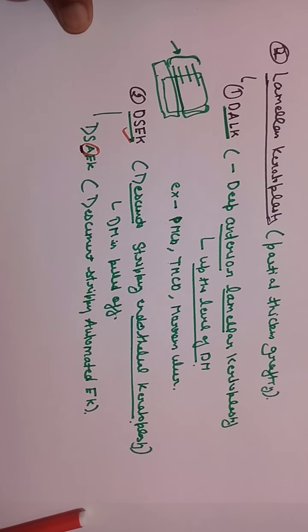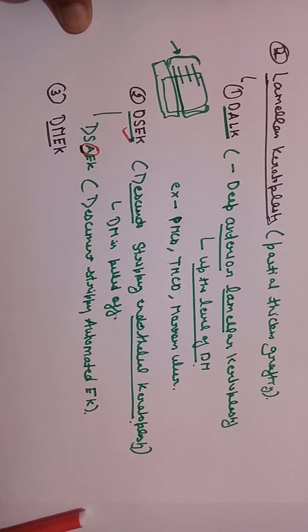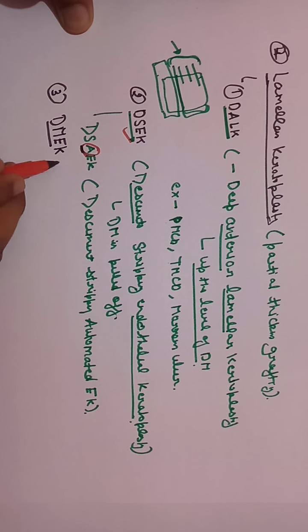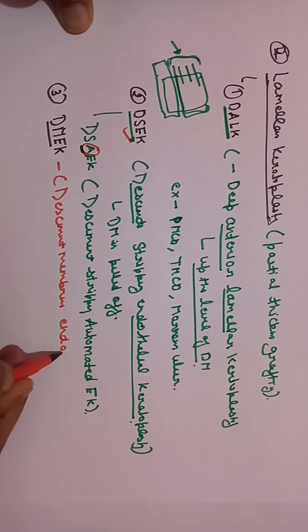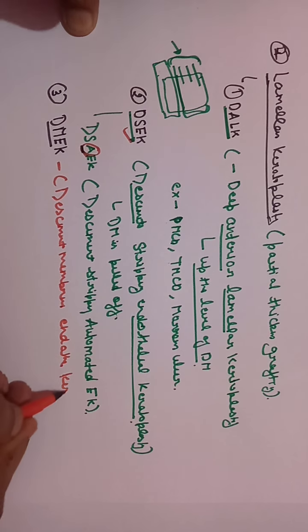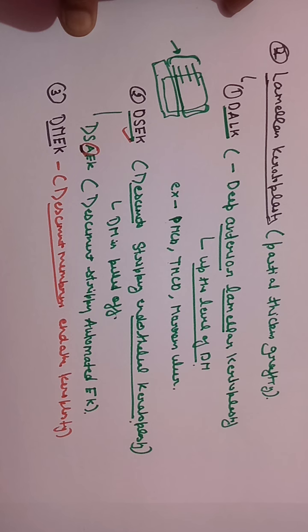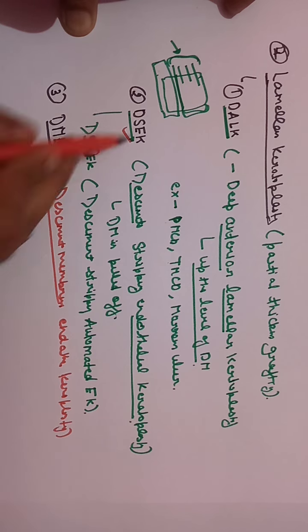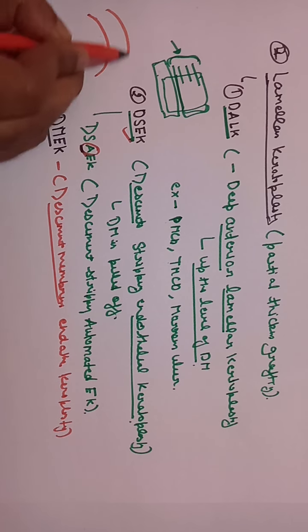The third one is DMEK. DMEK full form is Descemet's membrane endothelial keratoplasty. According to the name, we replace the Descemet's membrane with endothelium. But what is the difference between DSEK and DMEK? See here, suppose this is a cornea.